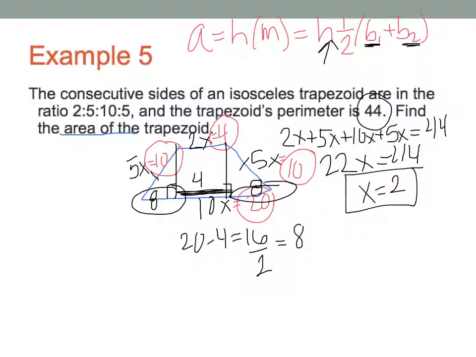Now, why am I finding that? I have the triangle out here. I was given that this was 10, and I just found that this was 8. And the whole point of that is because I'm looking for the height of my trapezoid. Let's find it now using Pythagorean theorem. I'll get 10 squared equals h squared plus 8 squared.